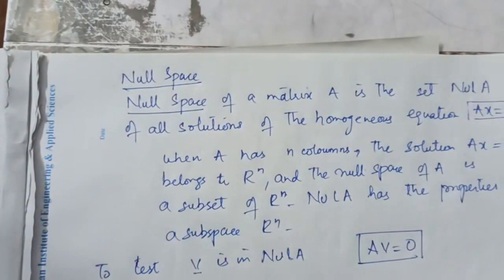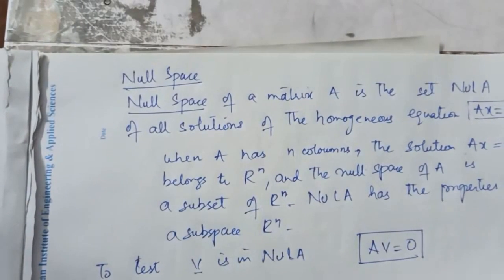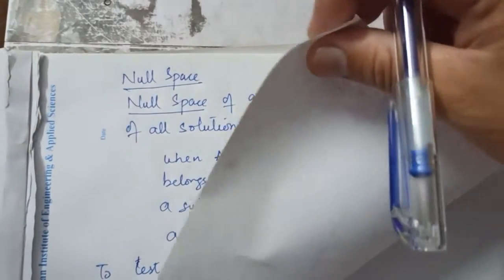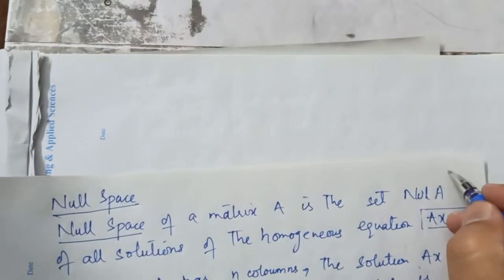Now, the next important topic that we are going to study today is called the basis for a subspace. This is also very important, because a subspace can contain an infinite number of vectors.